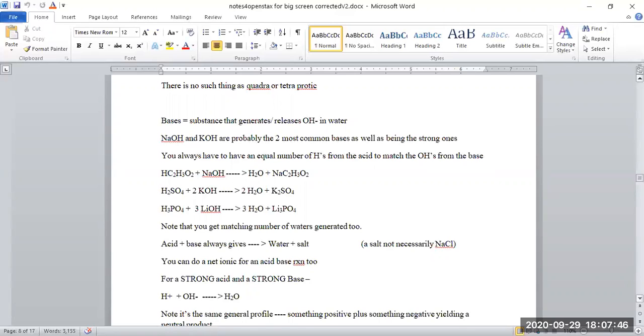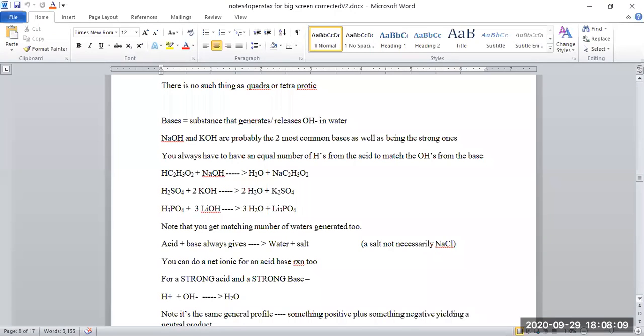So you get a pattern. You have to have one acid, one base, one water, or two hydrogens, two hydroxides, two waters, or you get threes. The 3 hydrogens, the 3 OHs, 3 water molecules. It's a pattern.